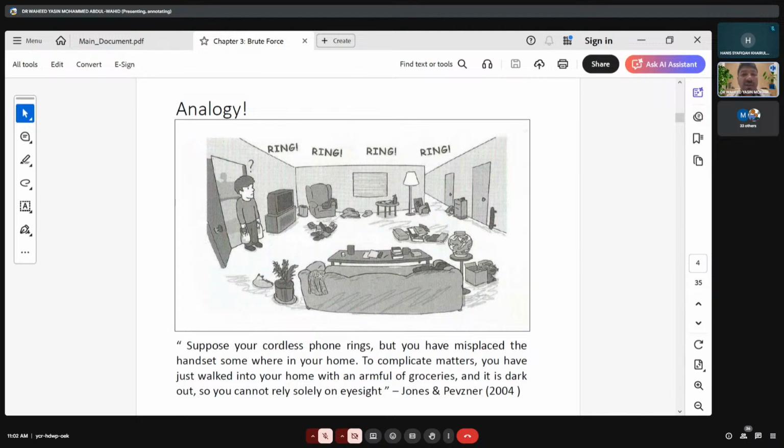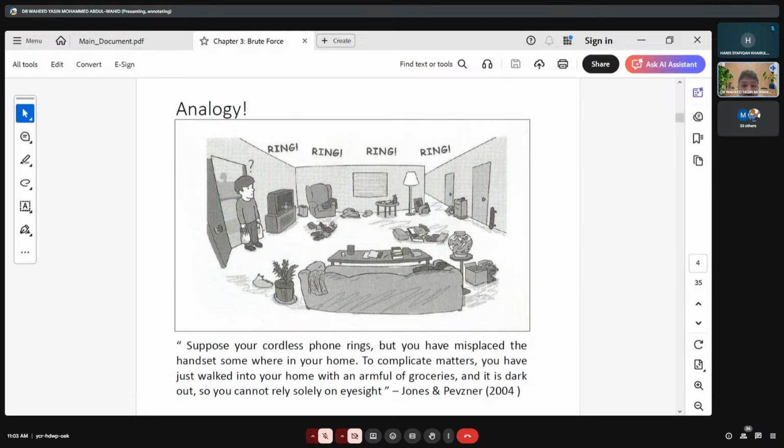So, an analogy. Suppose your cordless phone rings, but you have misplaced the handset somewhere in your home. To complicate matters, you have just walked into your home with an armful of groceries and it is dark out, so you cannot rely solely on eyesight.